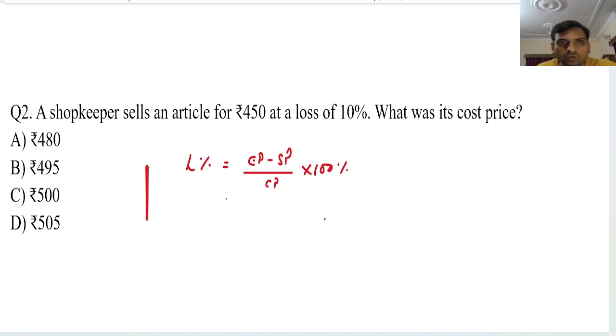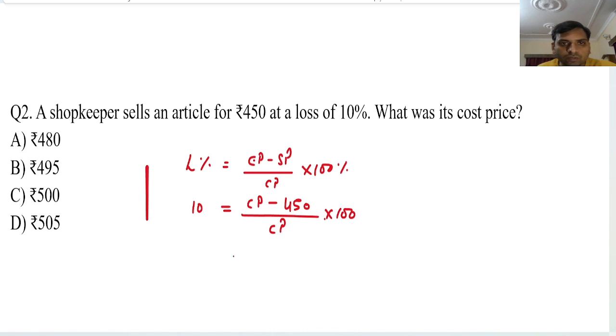Your target is to find the cost price. Loss percent is 10, so we can write 10 equals CP minus the selling price 450, divided by CP, and this multiplied by 100.